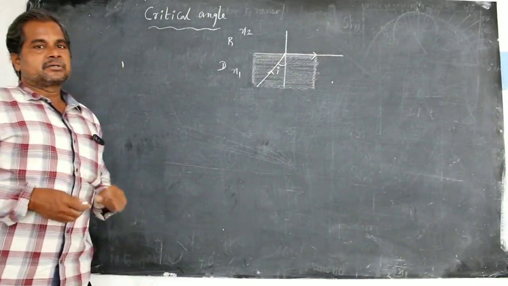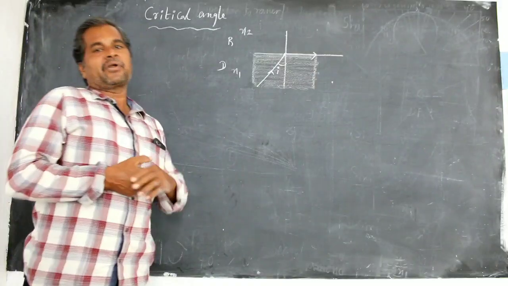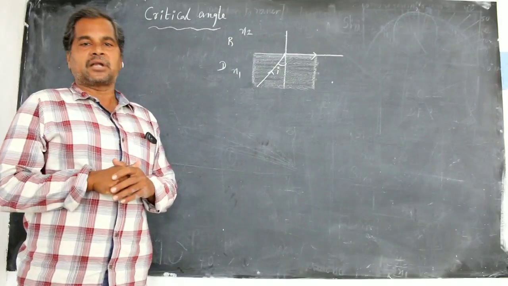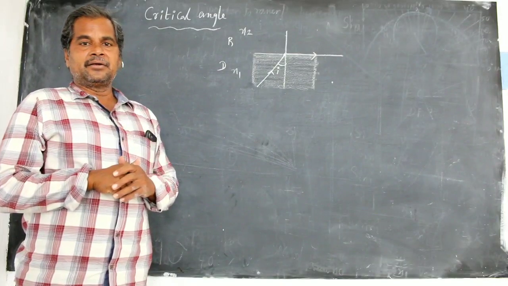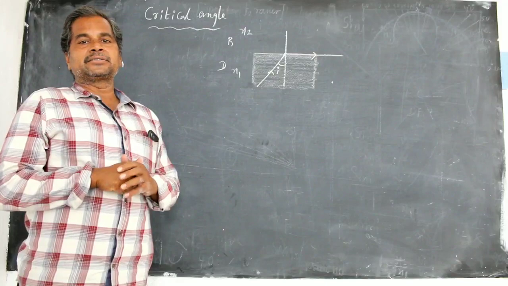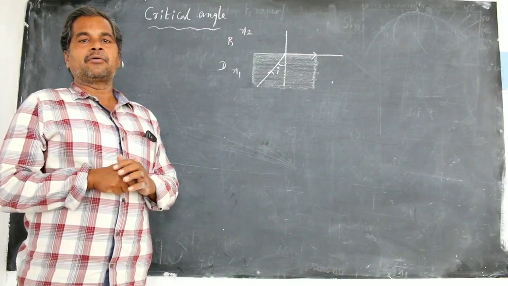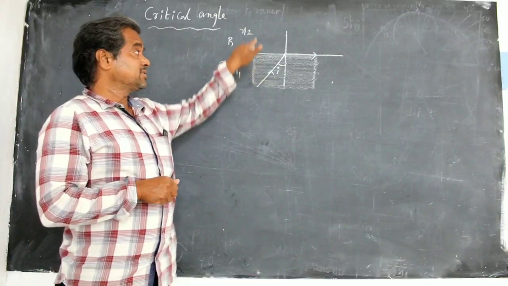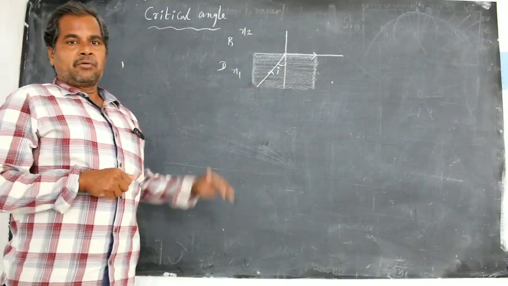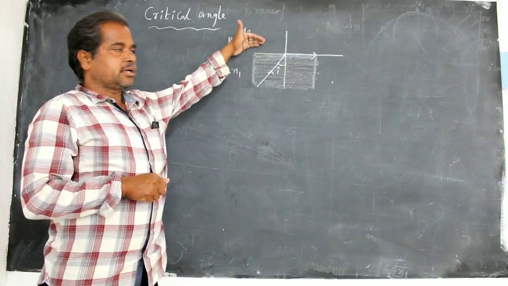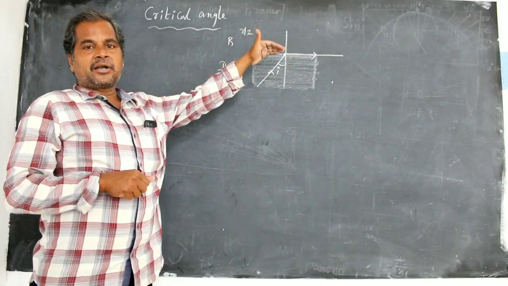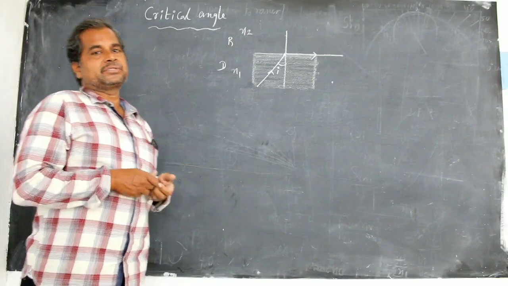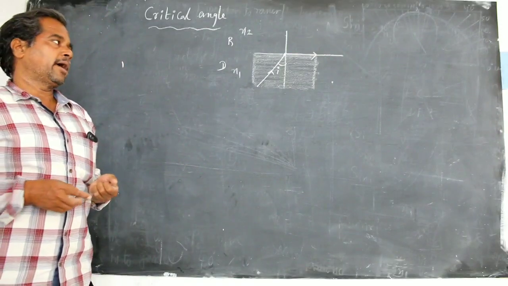In other words, the angle of refraction is a right angle. The angle of refraction is 90 degrees. Then that incidence angle is called the critical angle of that denser medium. When the light ray travels from denser to rarer and the refracted angle is 90 degrees, we can say that particular angle of incidence is called critical angle.